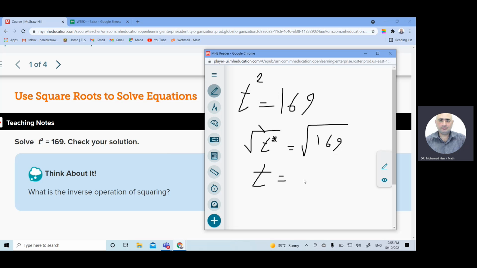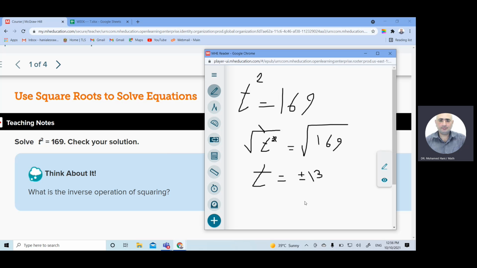So the answer will be 13, or we can take minus 13, because minus 13 times minus 13 will also be 169, and 13 times 13 also will be 169. So we can write here plus and minus 13.